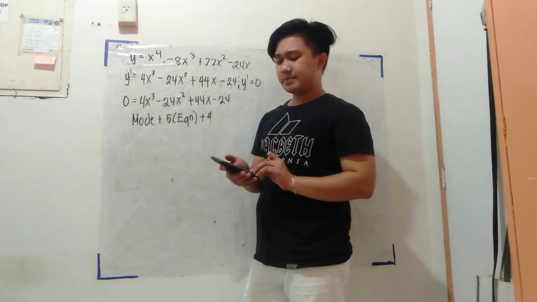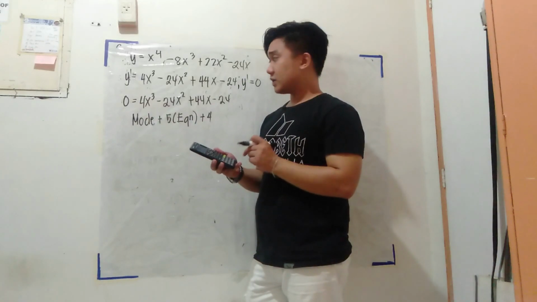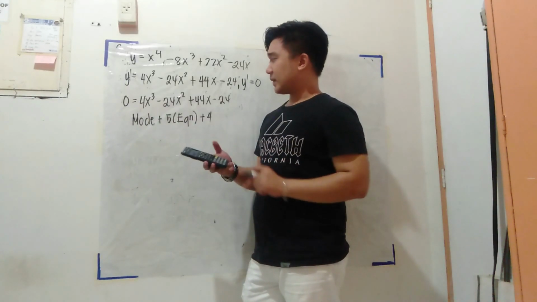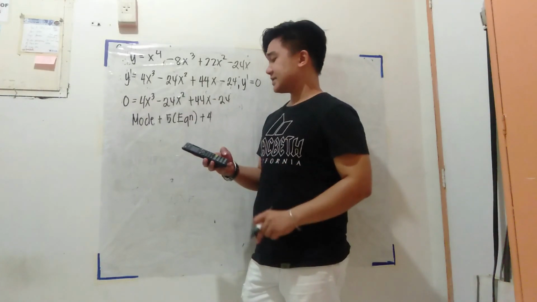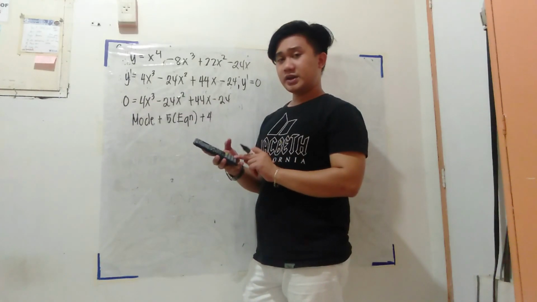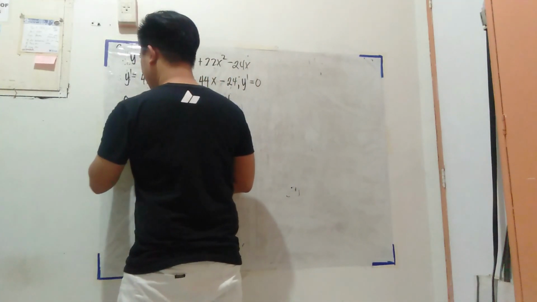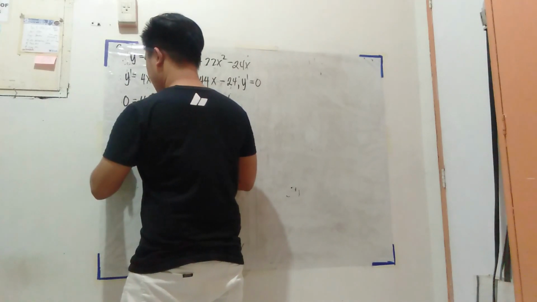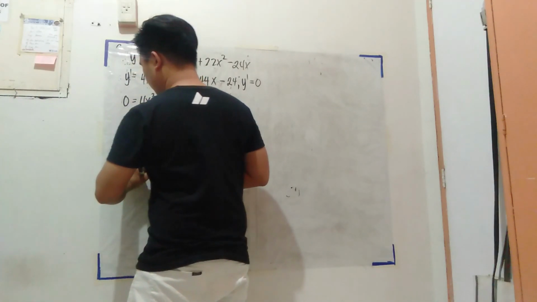So mode 5, equation 4. So press 4 equals, press negative 24 equals, press 44 equals, press negative 24 equals. Then equal ka ulit. x1 is 1, x2 is 3, x3 is 2.